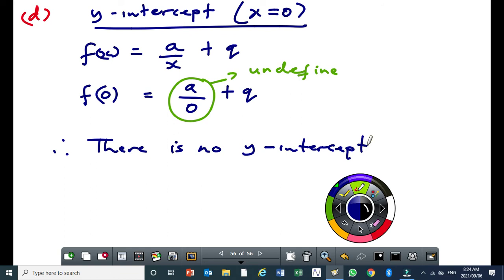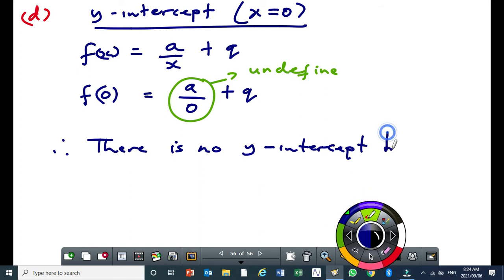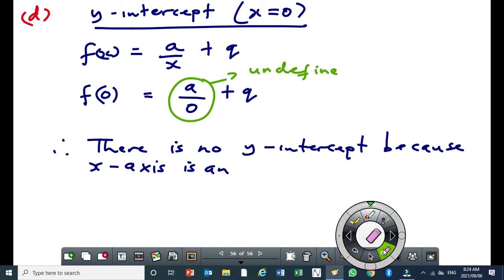And this is also an indicator that there is an asymptote. I'll give you a reason why. Because the x-axis is an asymptote, or rather, it's not the x-axis, it's the y-axis.